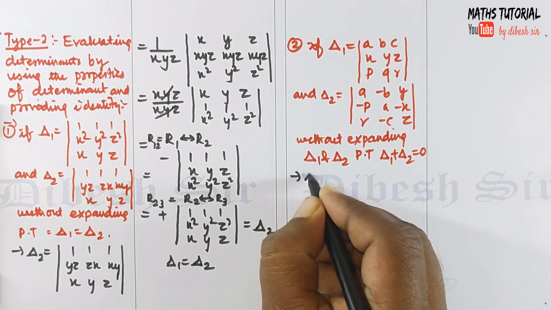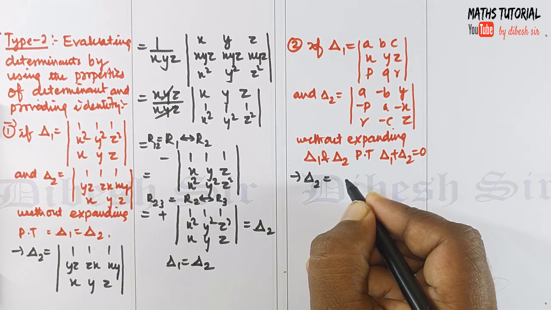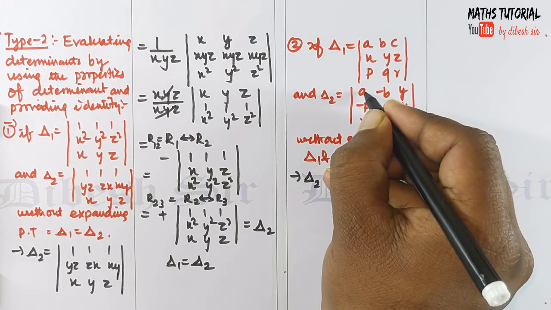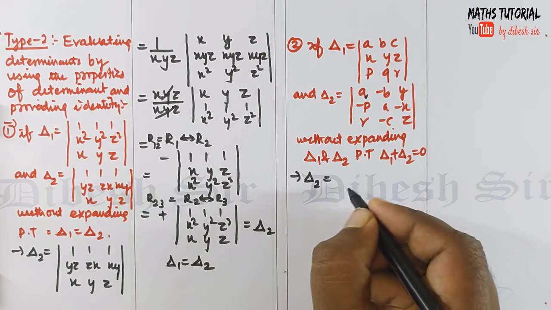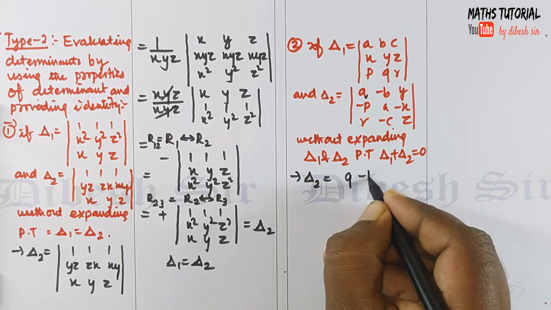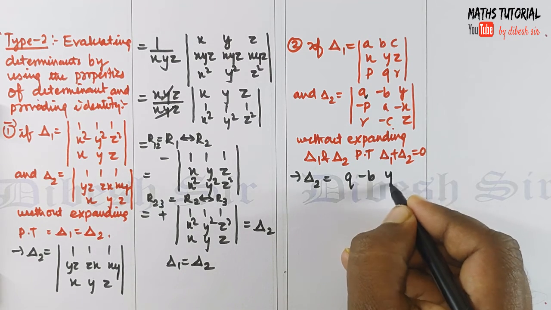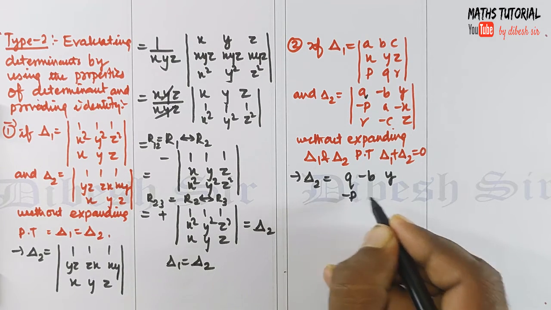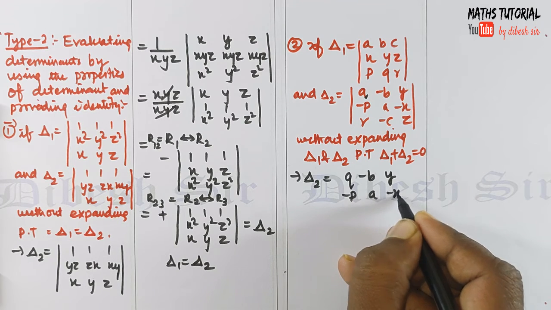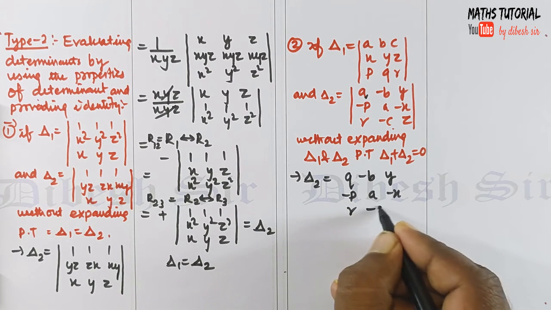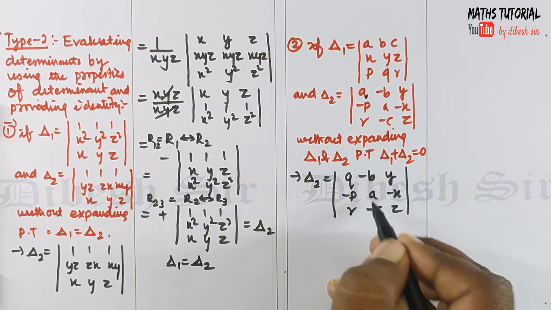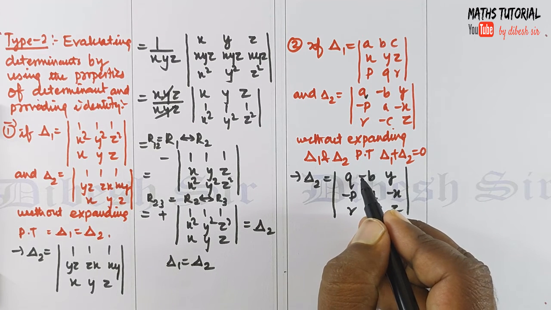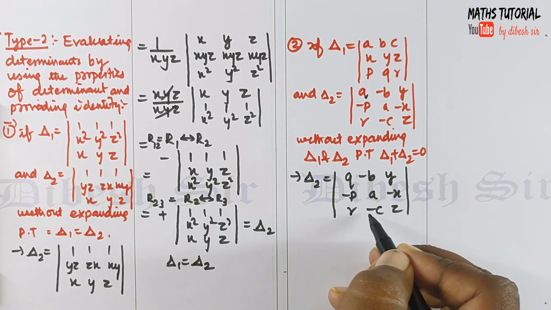Let's take delta 2 first, that is, q minus b, y minus p, a minus x, r minus c, z. If you check this row, you'll get this is minus, this is plus, this is minus.